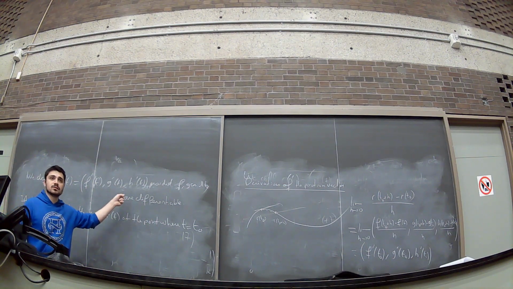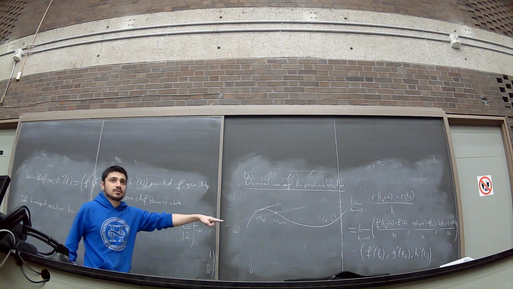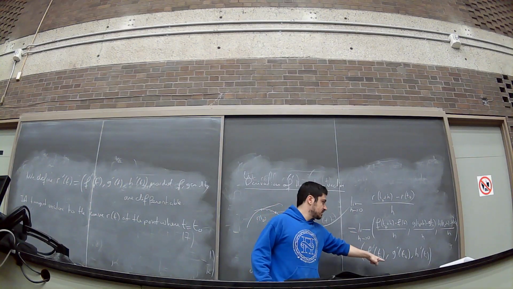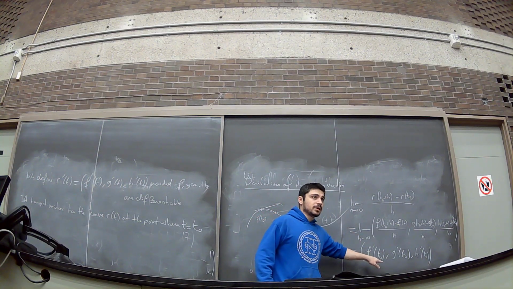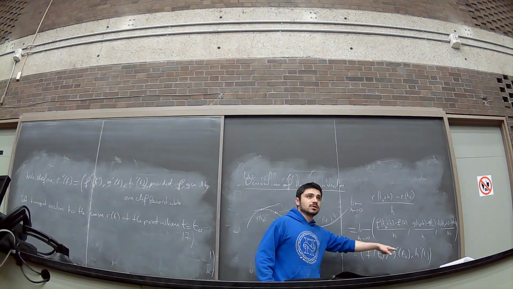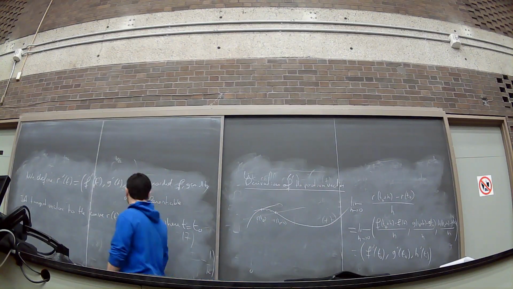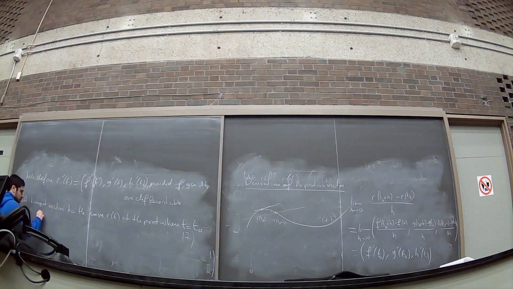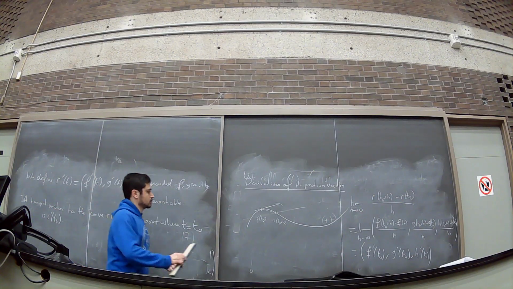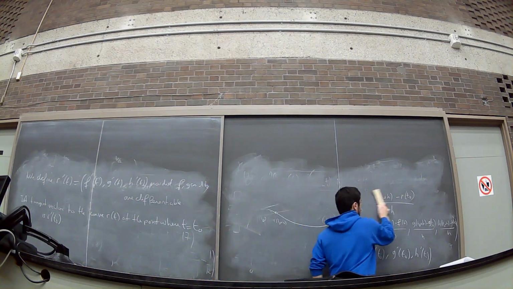What do you expect it to look like there? What's the tangent vector? f prime t0, g prime t0, h prime t0, which is R prime of t0. Okay? Great. Let's do an example.